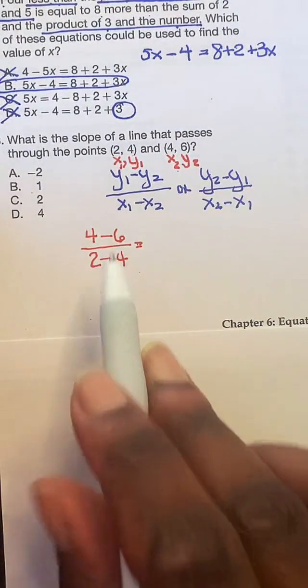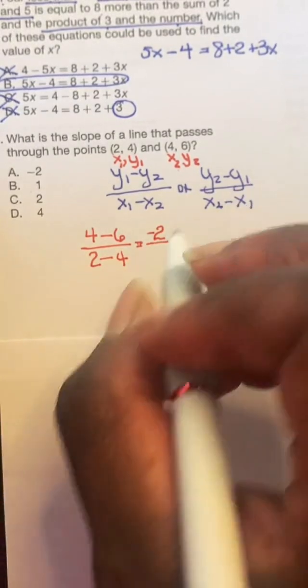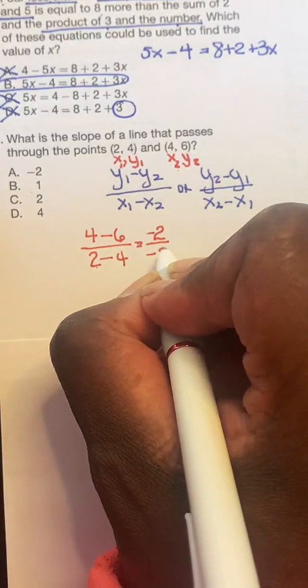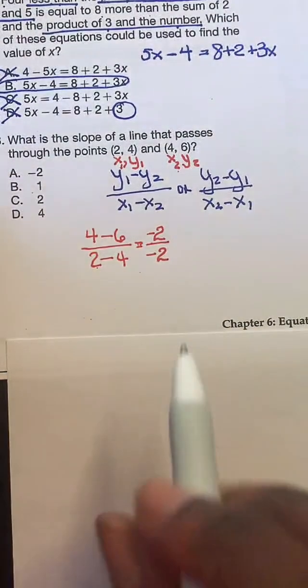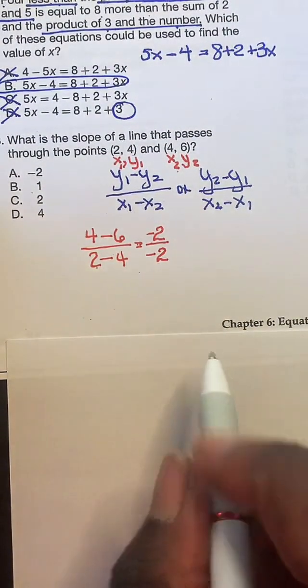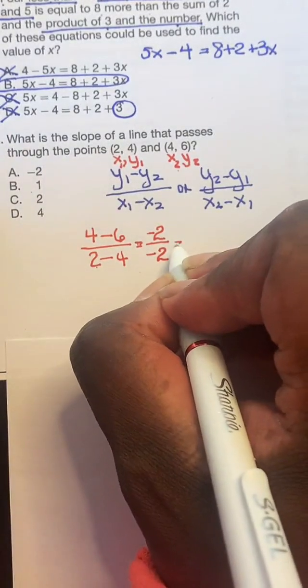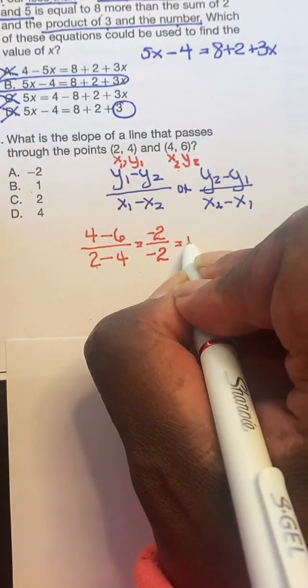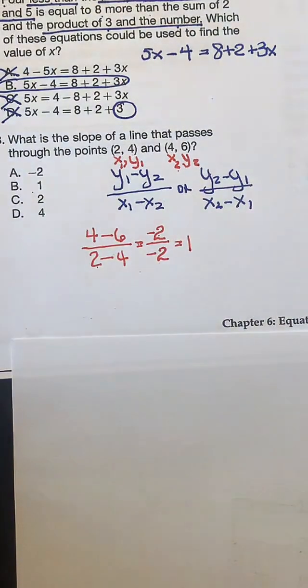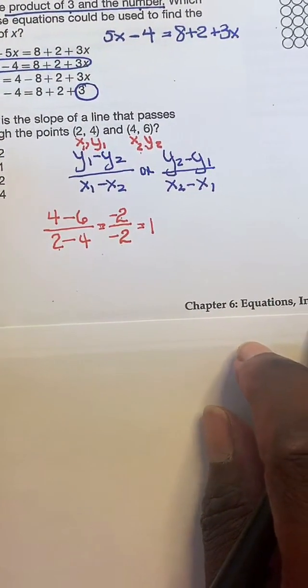So 4 minus 6 gives me a negative 2, and 2 minus 4 also gives me a negative 2. When I divide, a negative divided by a negative gives me a positive, and 2 divided by 2 gives me 1. Like I said, let me show you both ways.